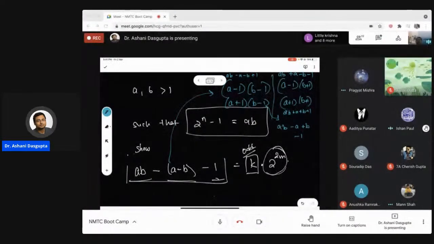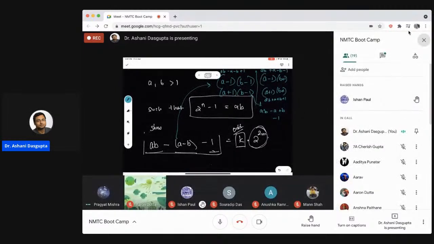Okay, Mansha says that he knows how to do this problem, and there are other people who are saying we have done this problem already. So I will ask them about this.